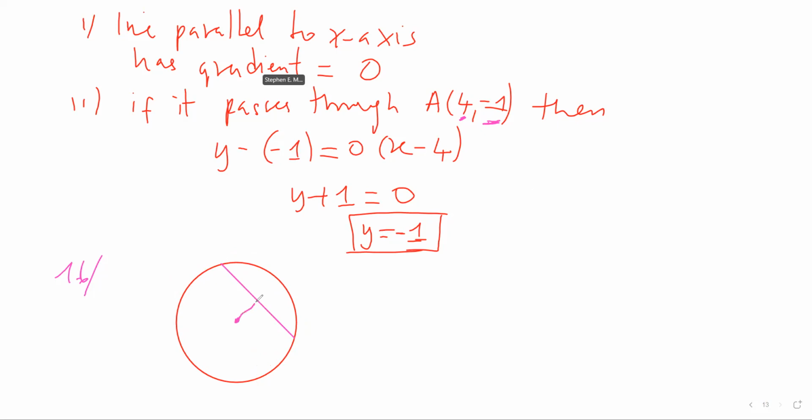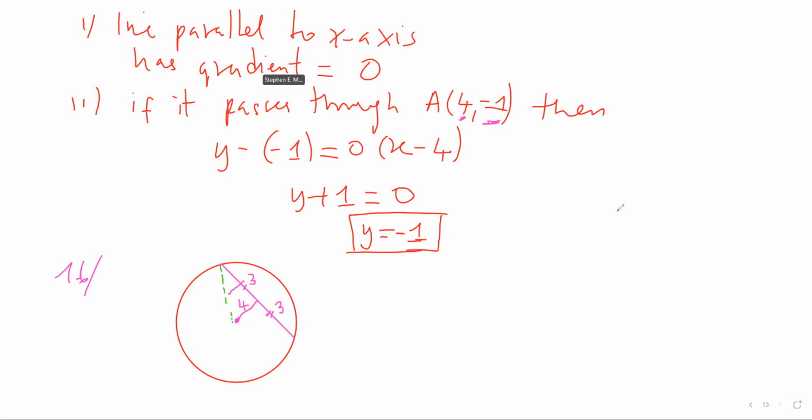From here to this point, it's 4 centimeters. The chord is 6 centimeters. That means if we split it into 2, we get 3 and 3. The question says find the diameter of the circle, which is also to find the radius actually.